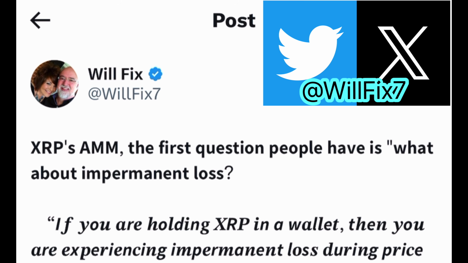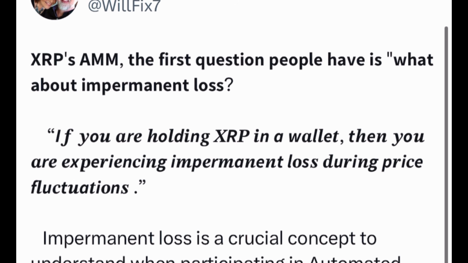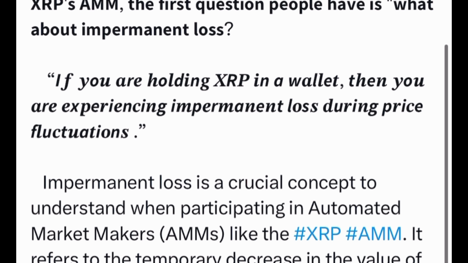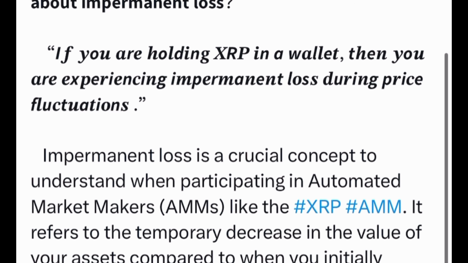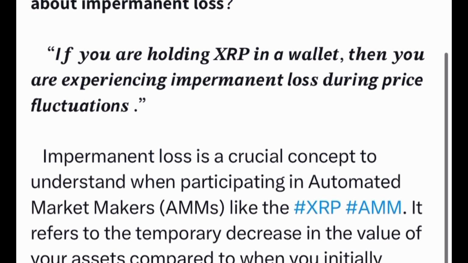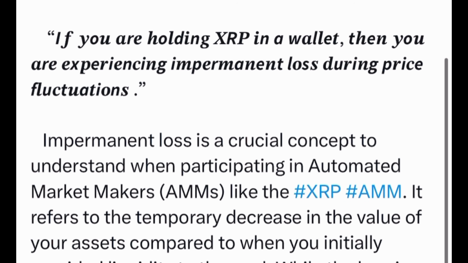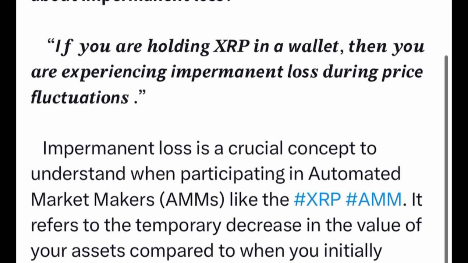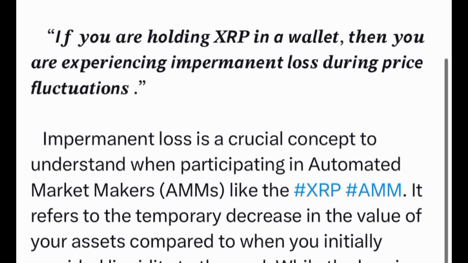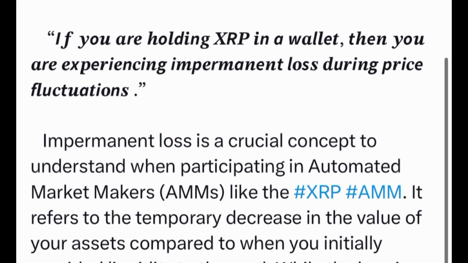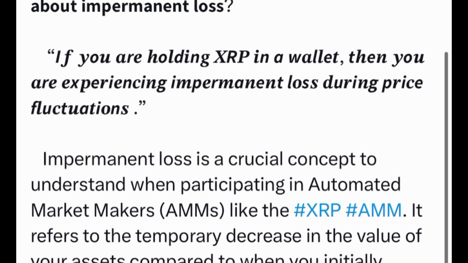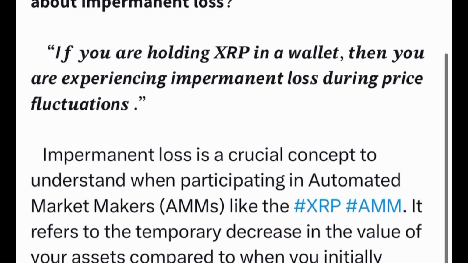XRP's AMM, the first question people have is, what about impermanent loss? And let me just say, if you're holding XRP in a wallet right now, then you're experiencing impermanent loss during price fluctuations. That's what that is, and you know as well as me, we just wait and then that comes back, right? Well, it's no different really inside of an automated market maker, but when people hear the possibility of loss, man, they just shut down.